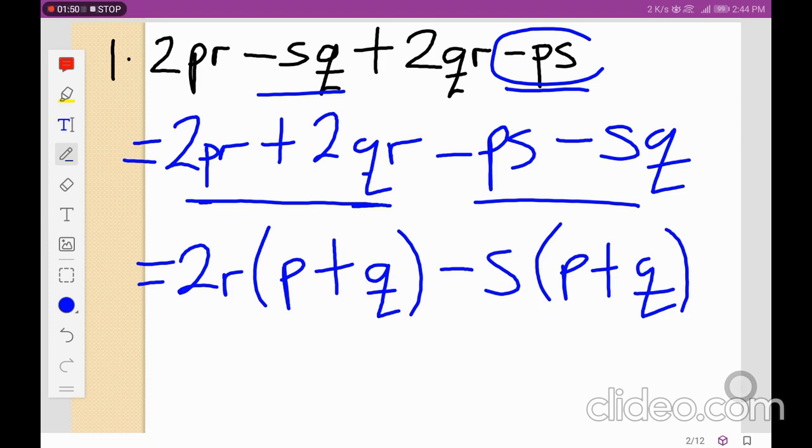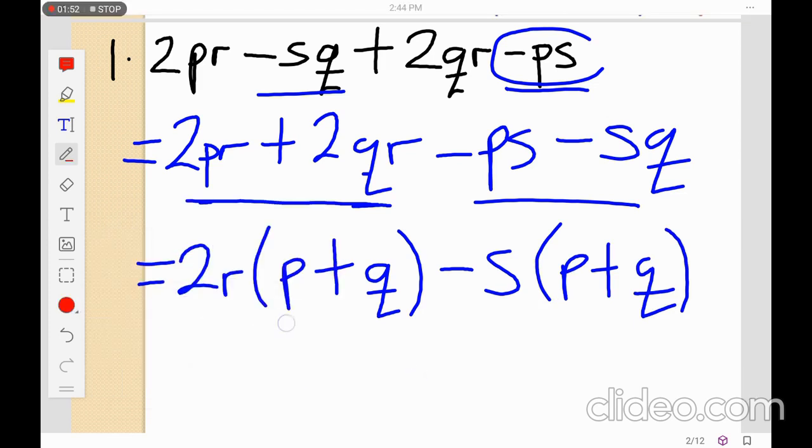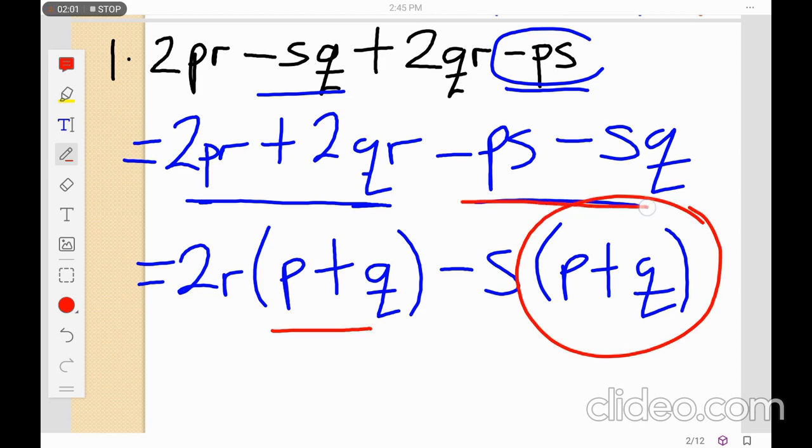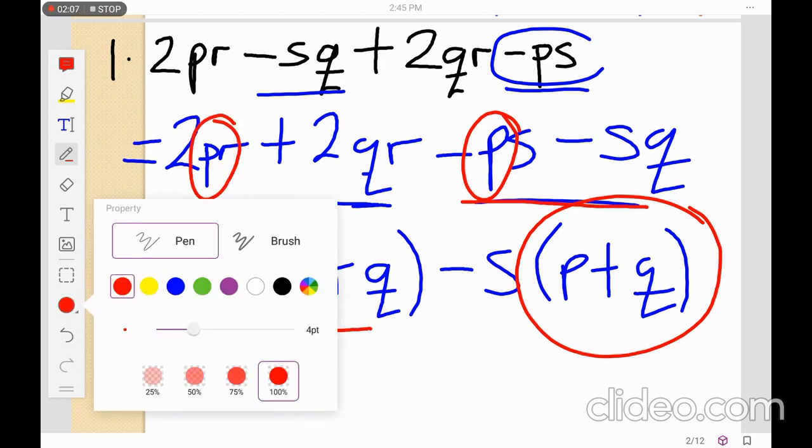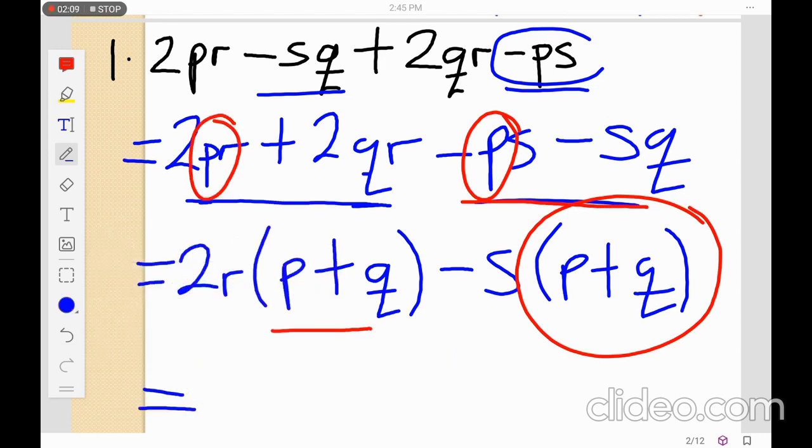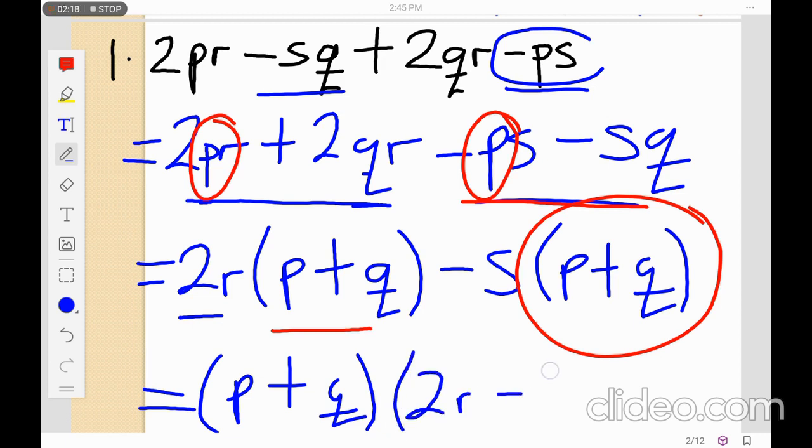So what we are doing here is like this bracket determines or governs this other bracket. That's why I was rearranging, starting with P here, because it's the one that is starting there. Okay, now having that, I can take the first group, P plus Q, like that. Then I take what is outside. I have 2R minus S. So that's how I factorize that one.